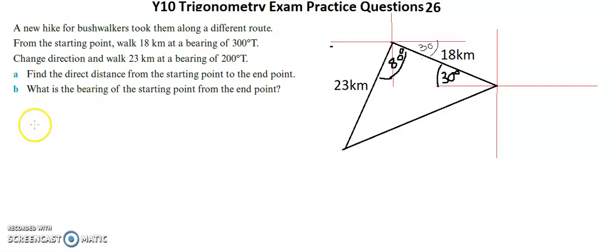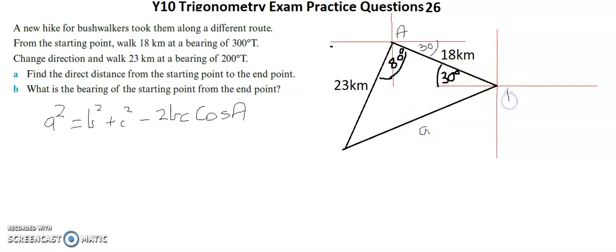So the cosine rule is a squared is equal to b squared plus c squared minus 2bc cosine A. Now I'm going to make this angle here A, and my unknown side a. This angle over here B, and side b, angle C, and side c.